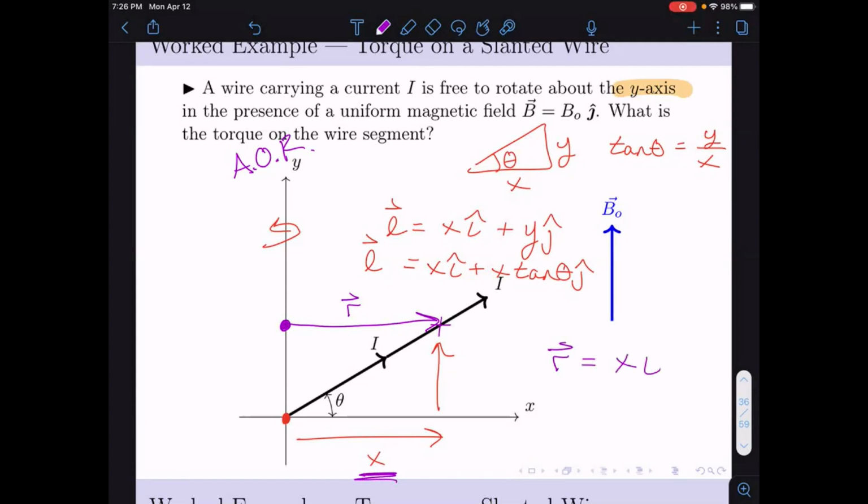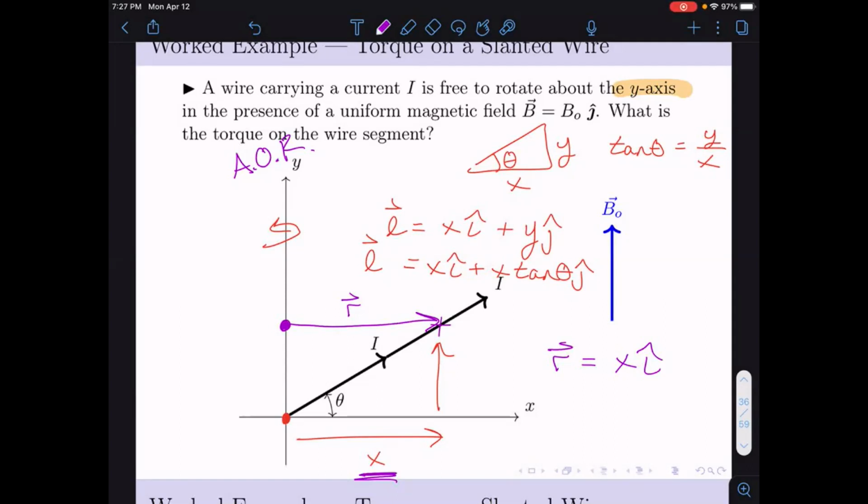All I've got is x i hat. There is no vertical component of my R vector because it's all from the axis of rotation, all straight over to the right. I can describe it just in terms of x because I'm starting at the origin, at a place of 0 x. That is how I would get to my R vector in this case.